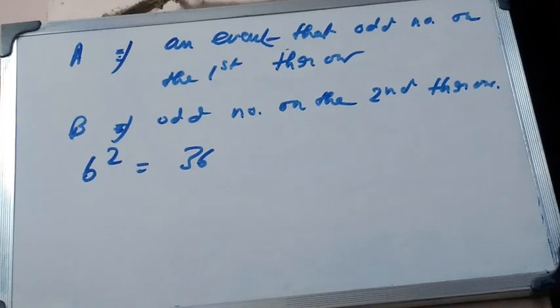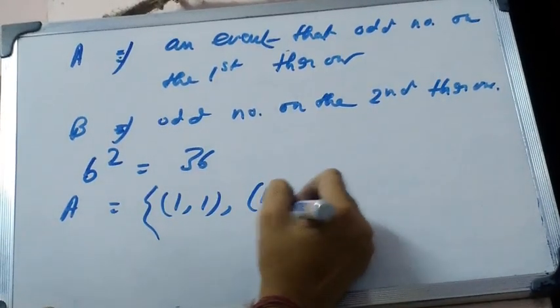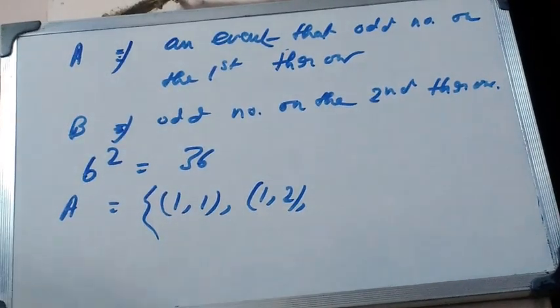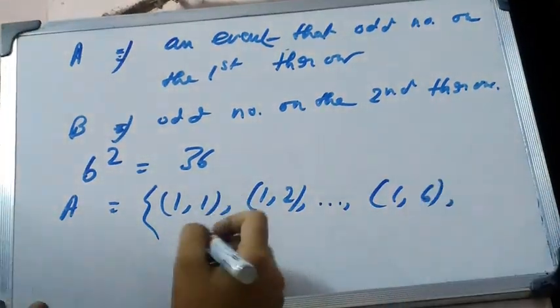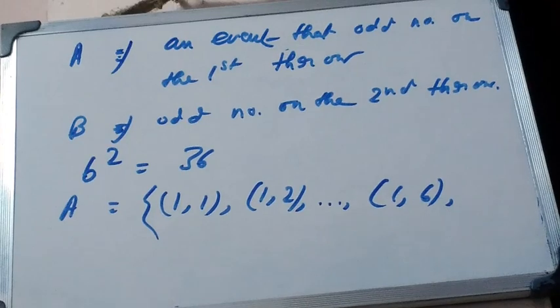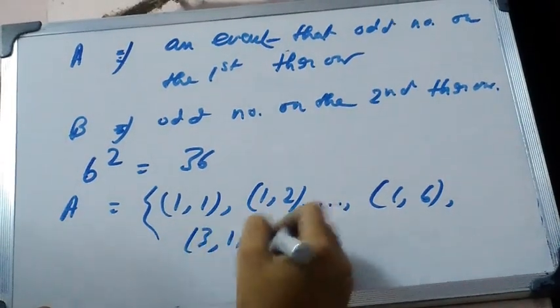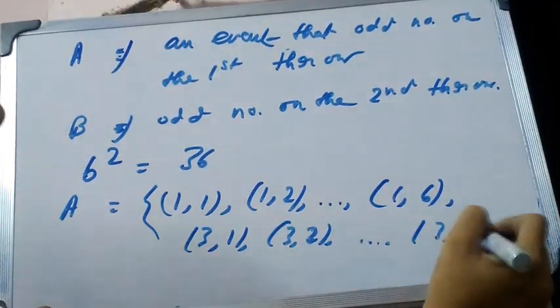Now A is the event of getting an odd number on the first throw. So the results can be: first throw is 1, second throw is 1; first throw is 1, second throw is 2; similarly, first throw is 1, second throw is 6. Now, first throw is odd, so it can't be 2. It will be 3,1; 3,2; 3,3; 3,6.